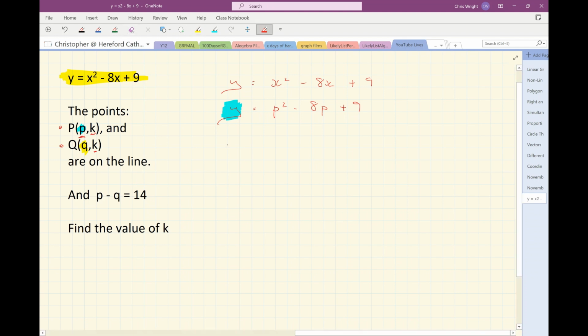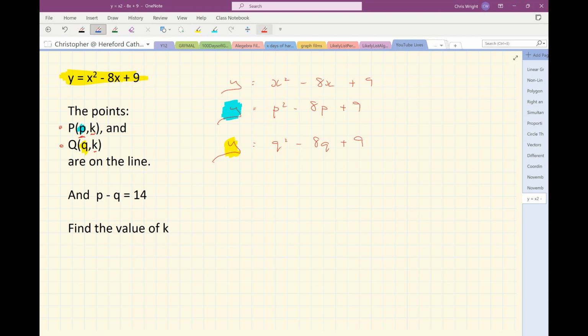So I'm also going to work out an expression for the y coordinate generated if x equals q. And here is the y coordinate that is generated if x is q. And I know that both of those values for y are the same.